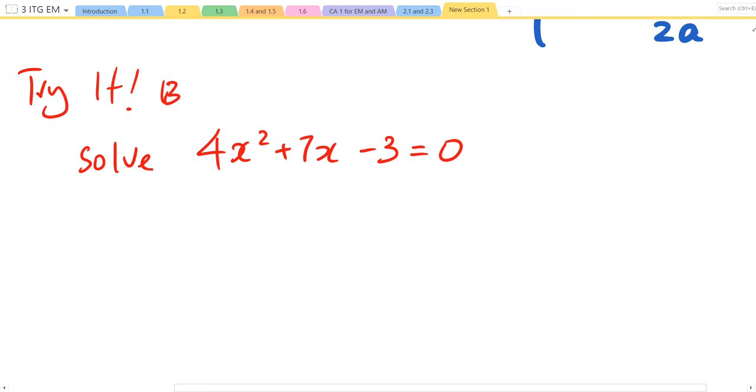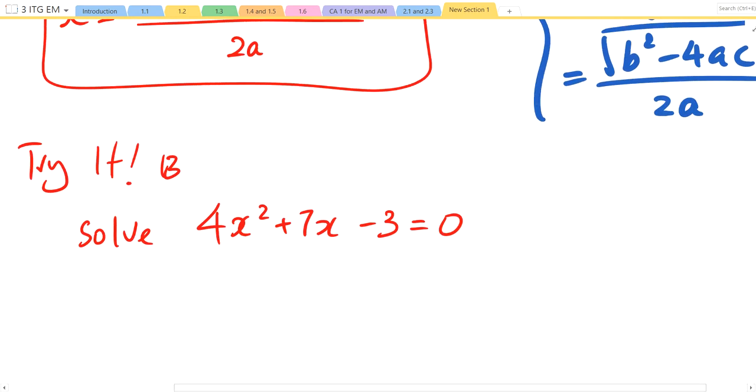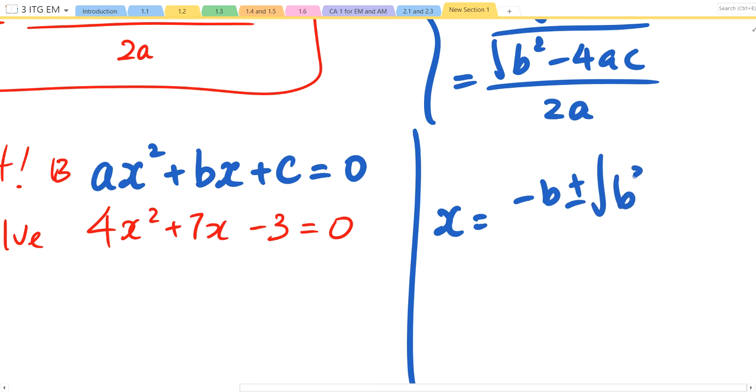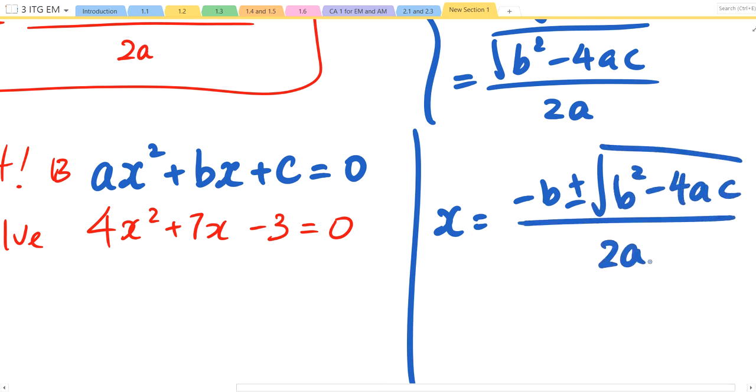Okay? For the quadratic formula, do we need to ensure that the coefficient of x squared is 1? No need. All I need to do is compare whatever equation I'm given with ax squared plus bx plus c equals 0. And I will just use x equals minus B plus minus the square root of B squared minus 4AC over 2A, and I get my answer straight away.